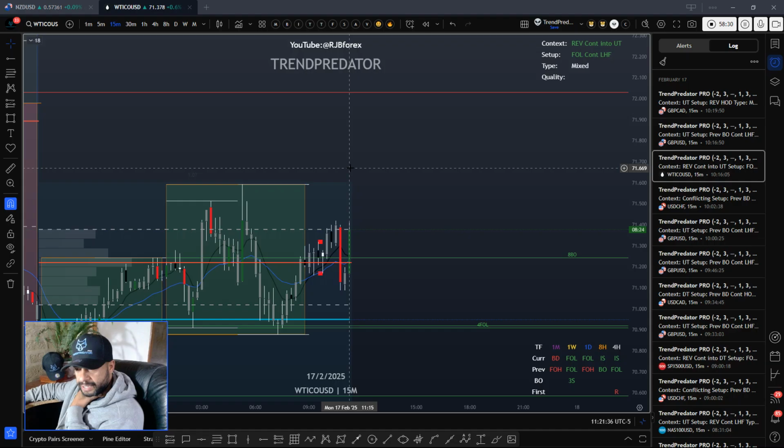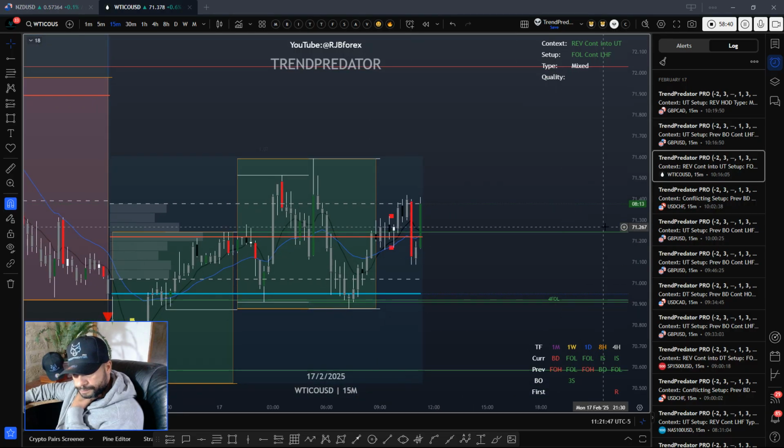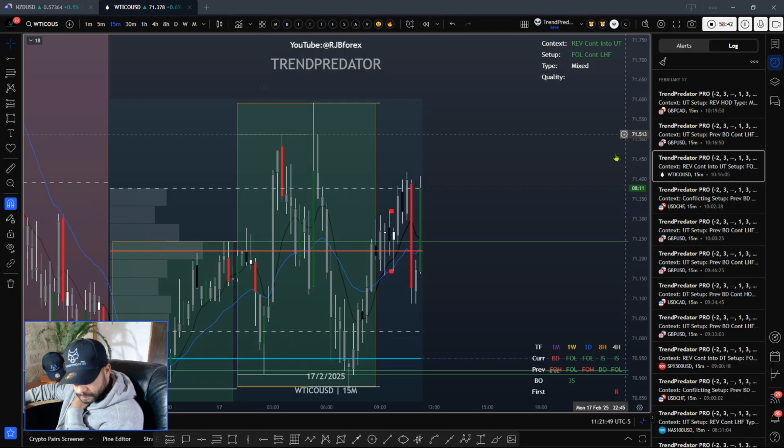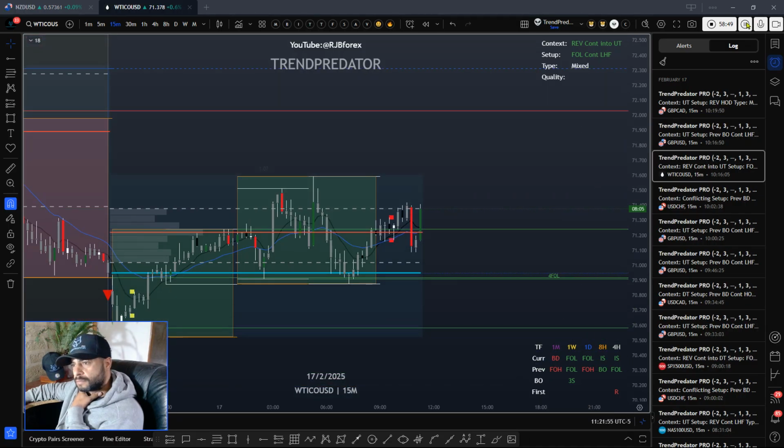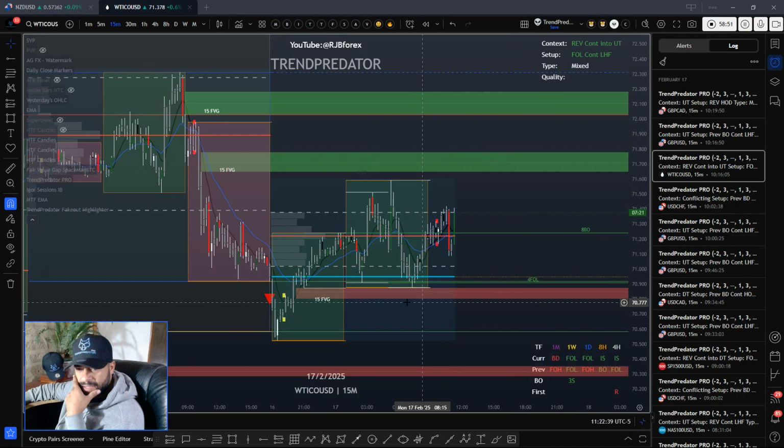I'd wait to see how we get on at 11:30. If we get the breakout, fair value gap, path of least resistance looks to be to the upside.